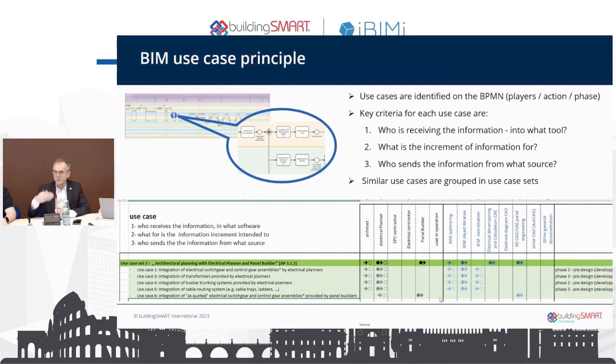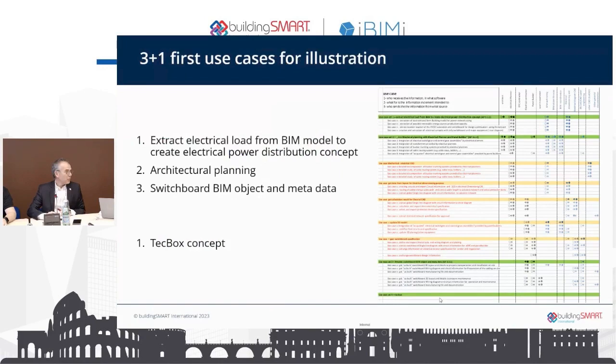That's basically the process we follow. And we also identified that, doing so, at different stages we may have similar use cases that we decided to group in use case sets to make it a bit simpler. So we have a backlog of use cases. As you can see here, we started to map them.